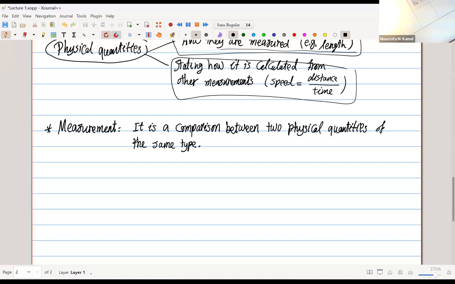And same thing, for example, if we're measuring mass or weight, you can say, okay, I weigh 3 times as much as this chair, but this is not helpful. So that's why we come up with kilograms or pounds or standardized units.